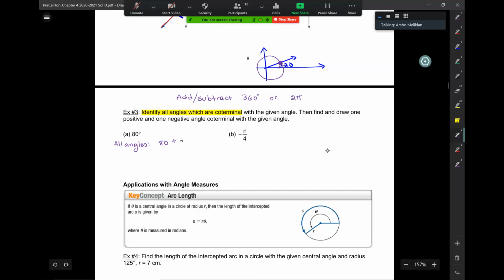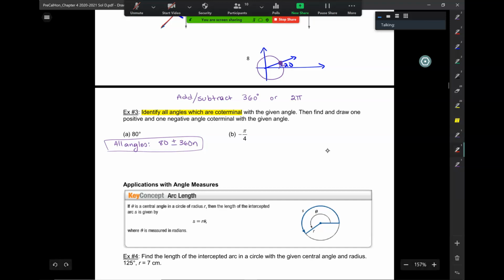The way I write that is 360n. It means I can add 1 times 360 or 2 times 360 or 100 times 360. But I can also subtract, so I also do minus. And so this expression, 80 plus or minus 360n, is all of the angles coterminal with this.